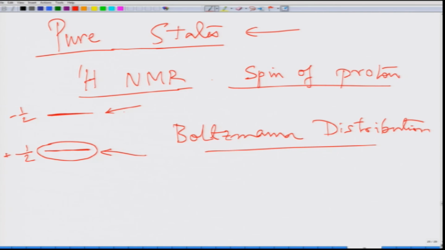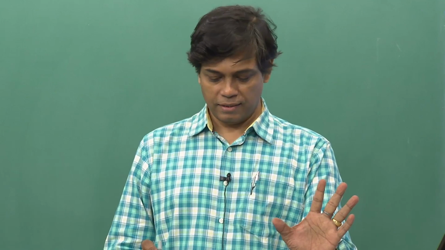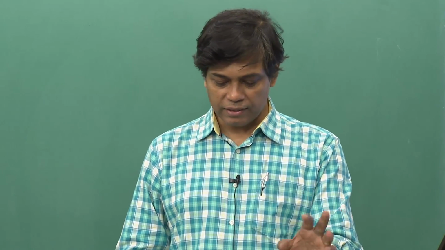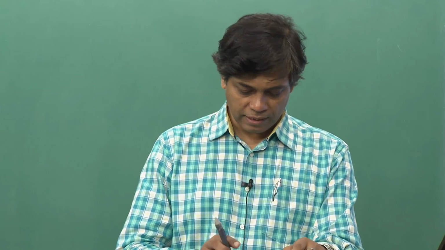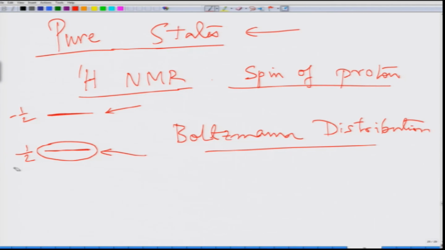That sort of establishes how much of the population is going to be in this state versus this state at any point of time. So if you make any measurement at any point of time, just to say that I have everything at the minus half condition, or I have everything at the plus half condition, is not possible, right. So the idea of getting a pure state for any physical system is almost impossible.